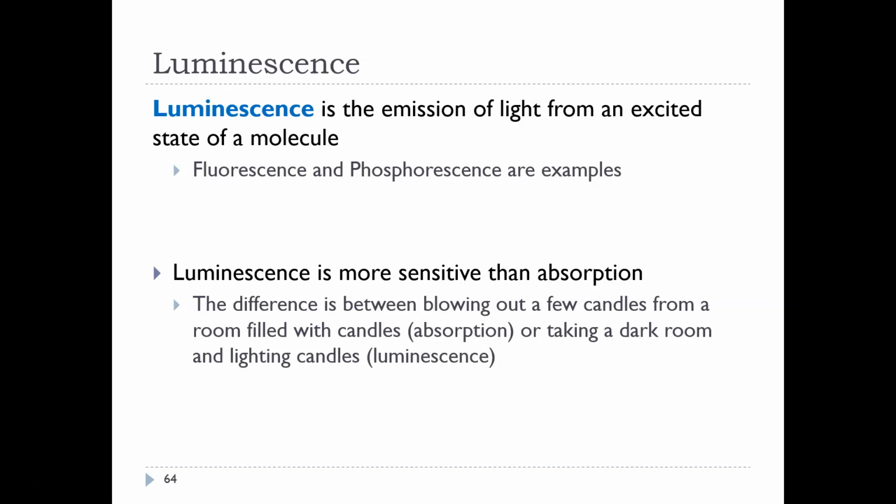So luminescence, if we have a molecule that does fluorescence or phosphorescence, we're not going to measure its absorption. We're going to measure the fluorescence and the phosphorescence, because that's way more sensitive, meaning it can get all the way down to, I could just have one molecule in my sample, and fluorescence and phosphorescence can pick up the fact that there's only one molecule. That's why this is so important and used in so many other applications.